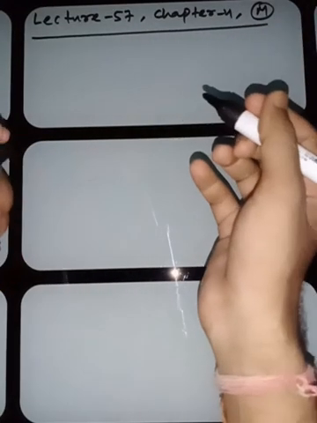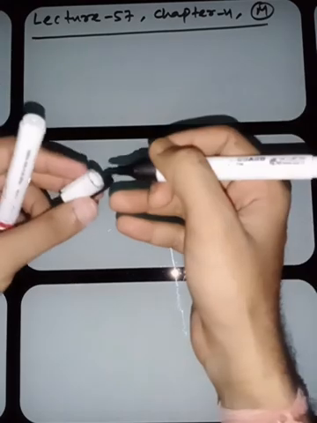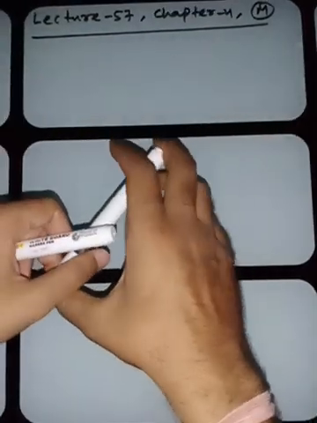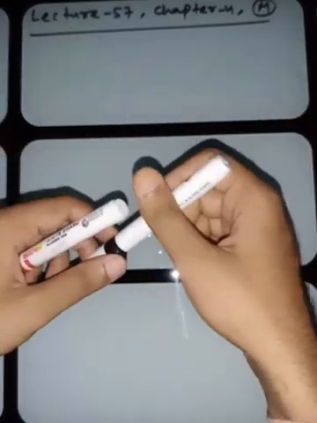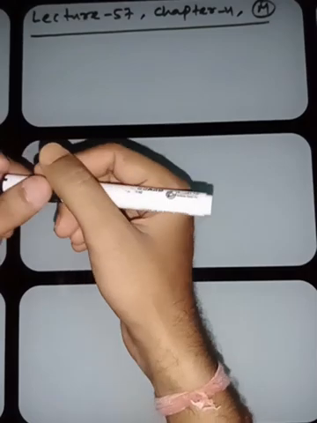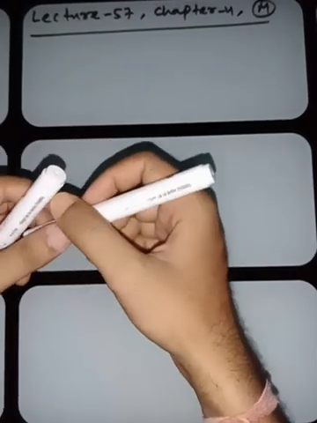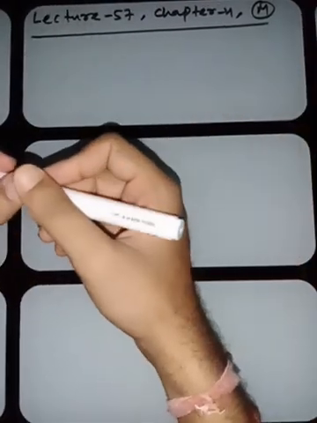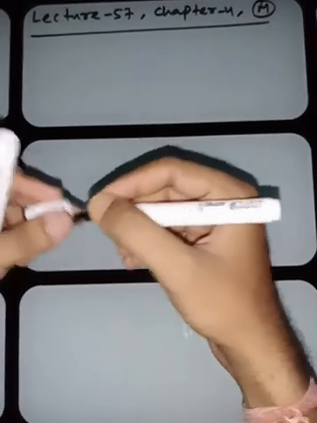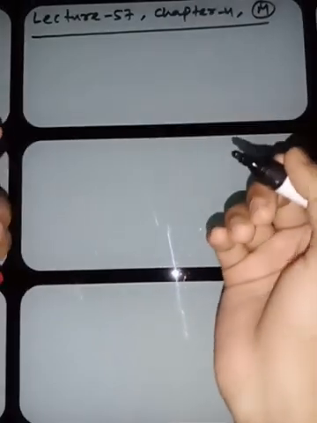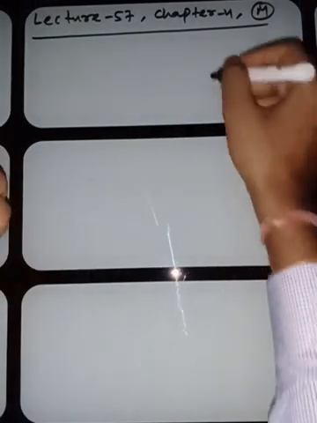Hopefully it is the second last lecture of this chapter, my dear students. We were studying in the last lecture about the toroid, and we left with the derivation of magnetic field due to toroid. So we'll finish it today.